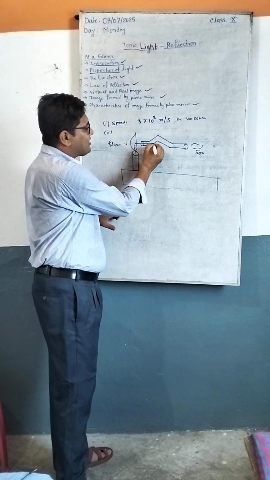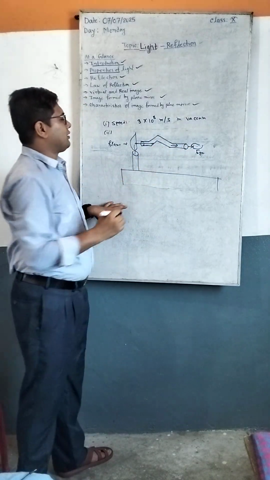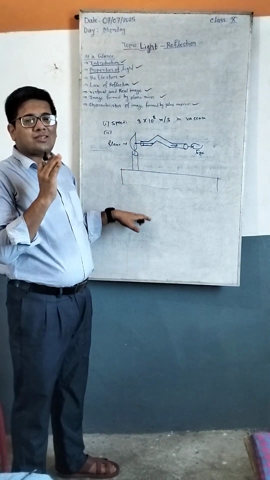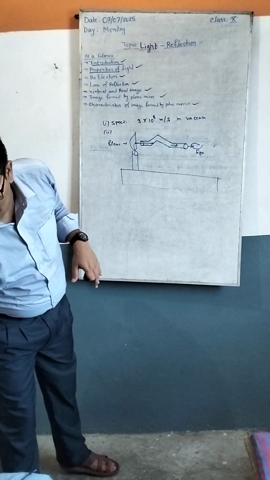So it is always stuck and does not pass. That is why you cannot see the light with the bent pipe. So it is proof that light always travels in a straight line.